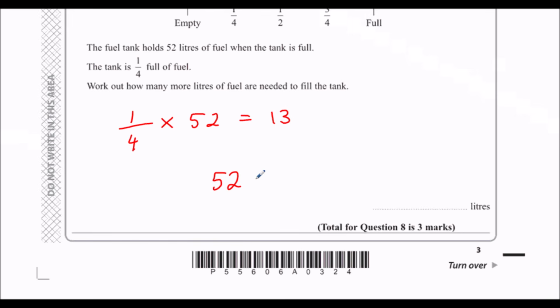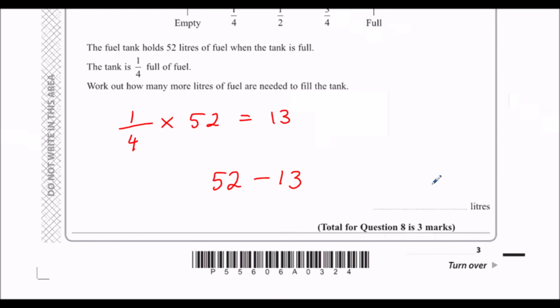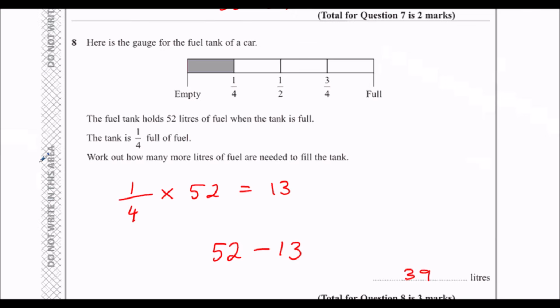So 52 take away what's in at the moment. 52 take away 13 is 39 litres. We could have also said we need 3/4 more to fill the tank. So we could have said we need 3/4 of 52. And that would have given us our 39 litres.